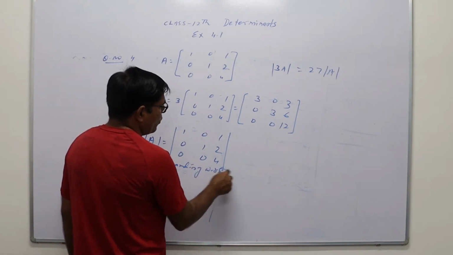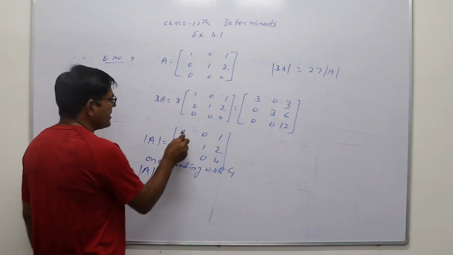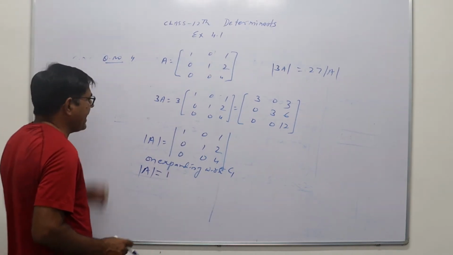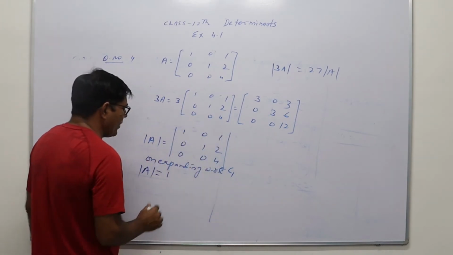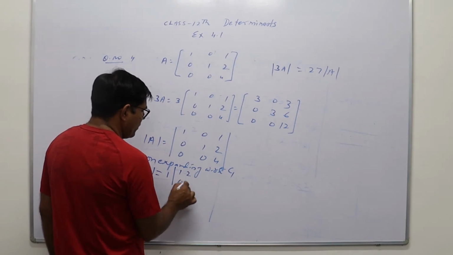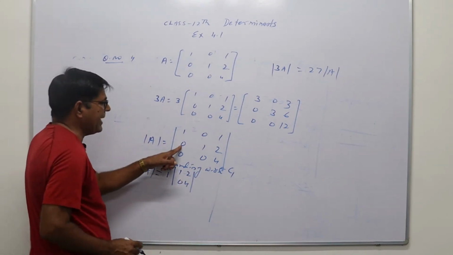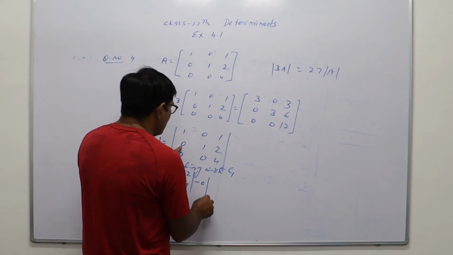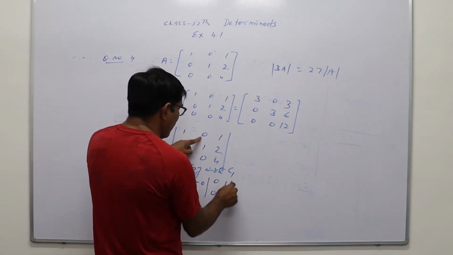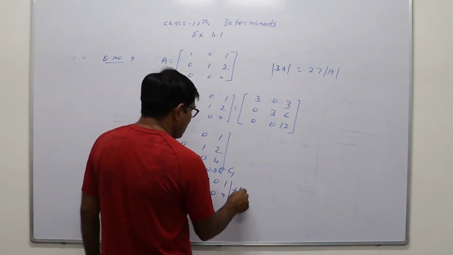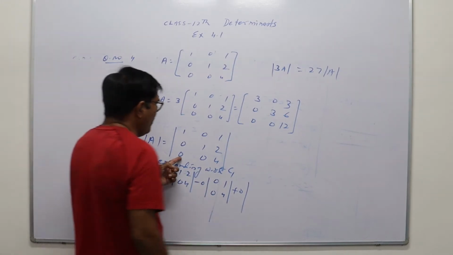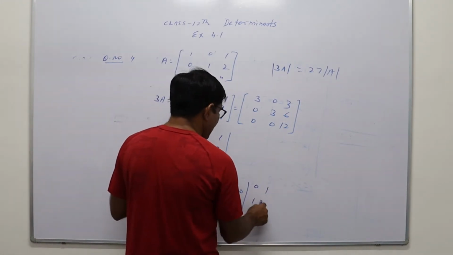So on expanding with respect to column first, the first element is 1. So the element with respect to which we are expanding, we leave the row and column in which it lies, and the remaining elements are 1, 2, 0, 4. Then with respect to the second element, that is minus 0, leaving its row and column, 0 1 0 4, then plus 0 into, with respect to this 0 we leave the first column and third row, so it will be 0 1 1 2.